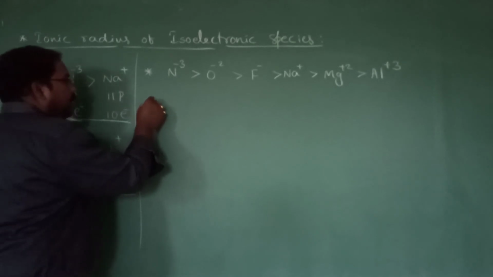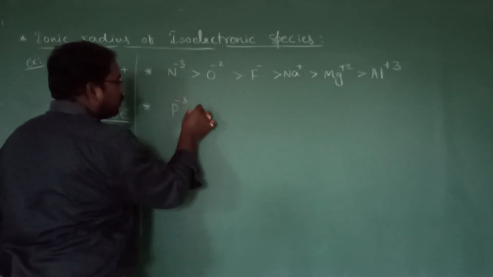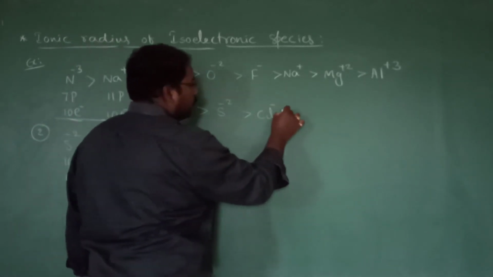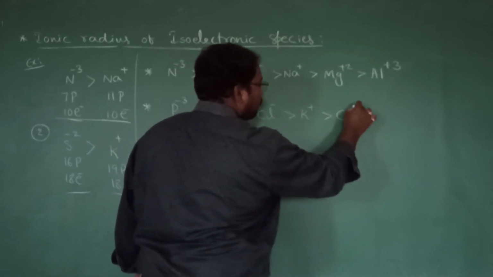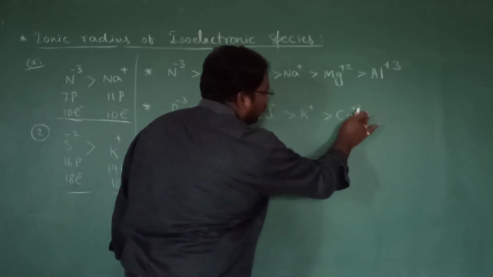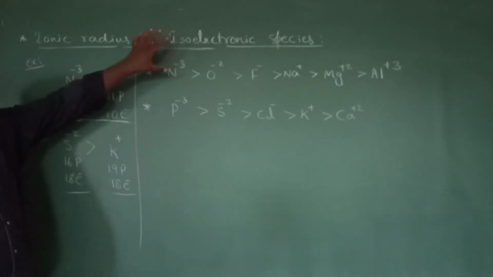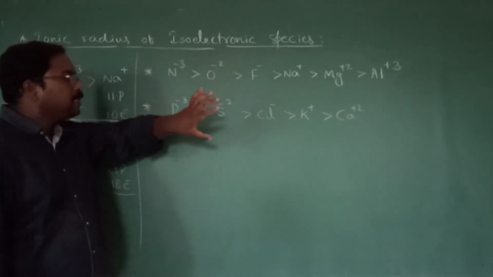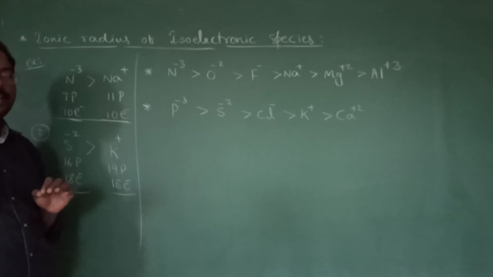What is the other set of isoelectronic species? Okay, so this can be. Okay, so regarding the ionic radius comparison of these isoelectronic species, you will get question mainly out of these ions only.